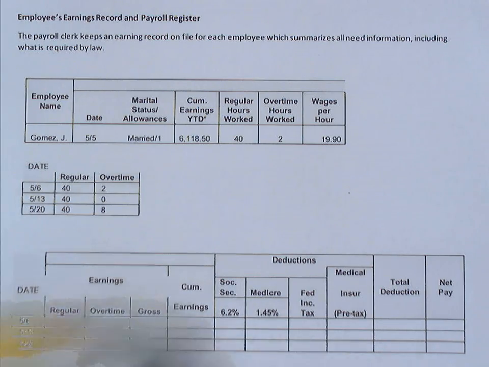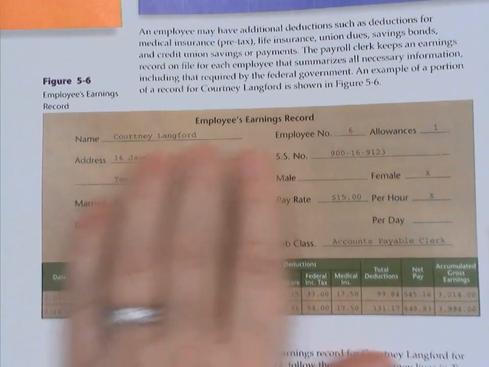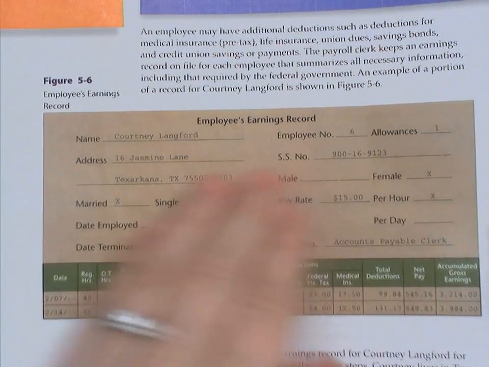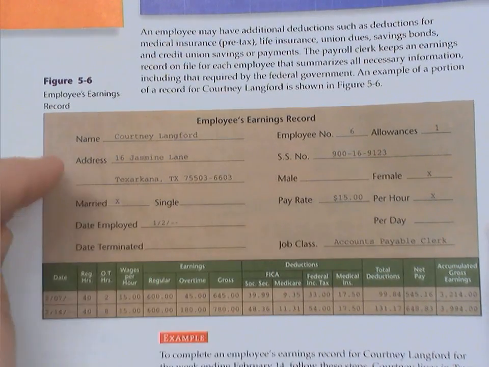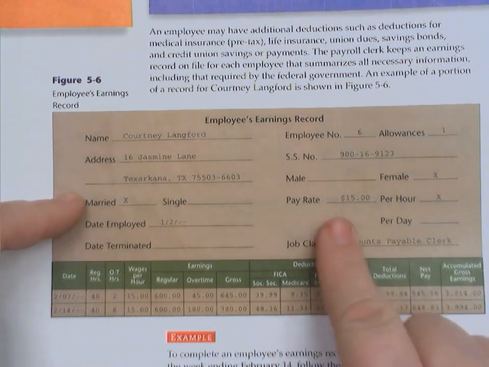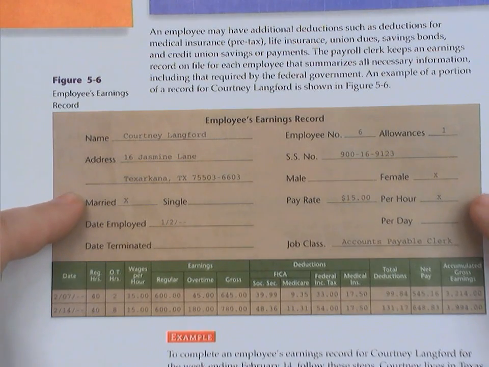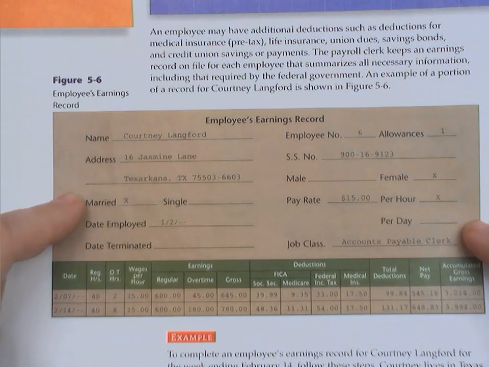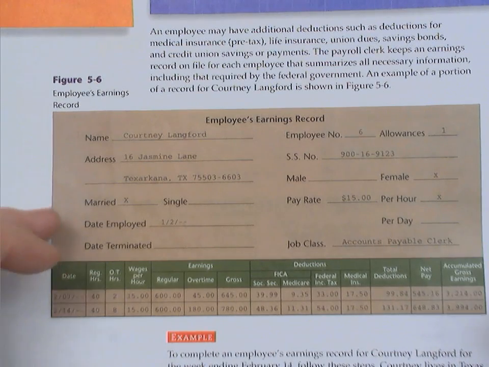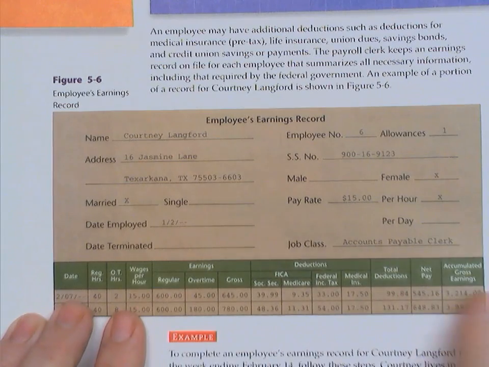The textbook has a sample image, but it's basically the employee's name and number, how many allowances they have, their address, their contact information, their status, their pay rate, whether they're paid per hour or per day, the date they were employed, and what their job is. Then it keeps a record of all of their ongoing earnings.